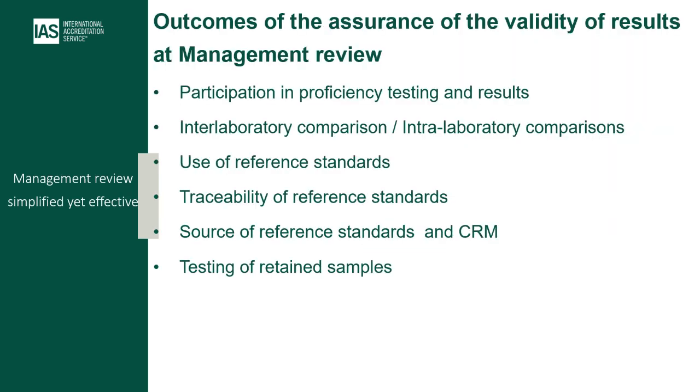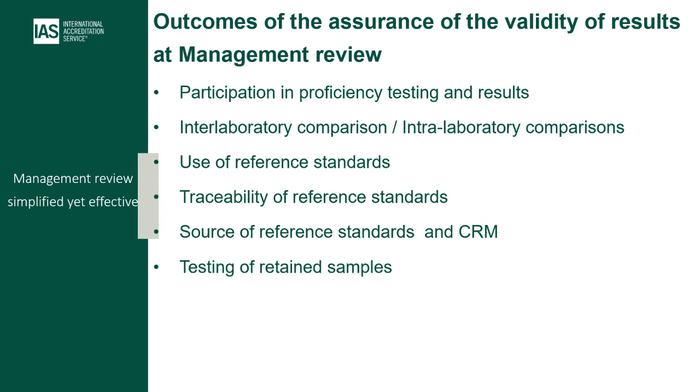Outcomes: assurance of the validity of results and management review. Proficiency testing. So there are many ways to do proficiency testing. According to ISO/IEC 17025, the standard for test labs, you can do inter-laboratory comparison, intra-laboratory comparison, and use reference standards. You could use traceability of reference standards, and all of that. You can use even retained samples where samples are very difficult to get or PT is not available.